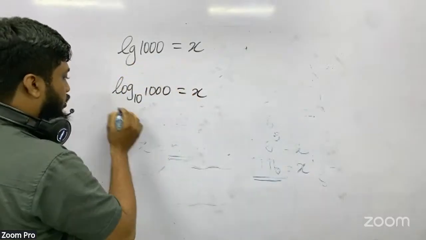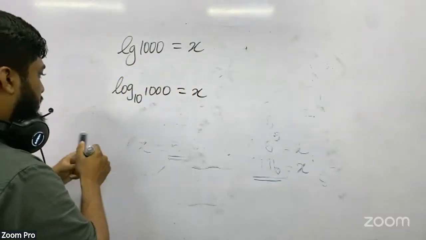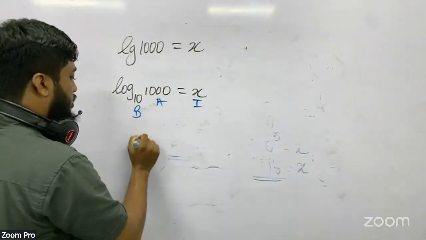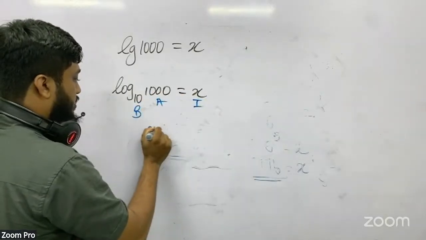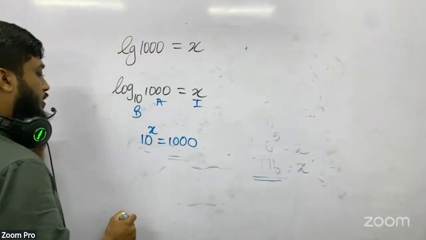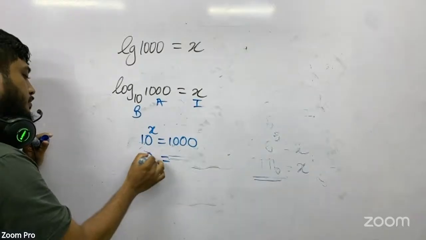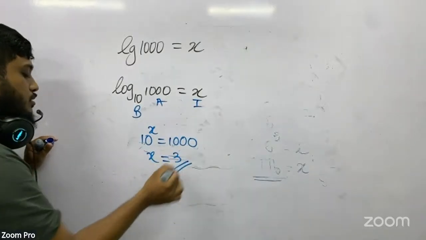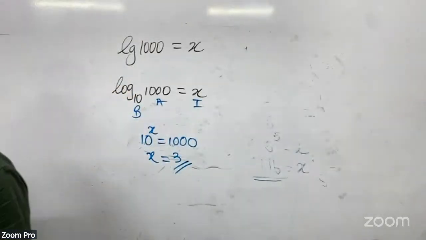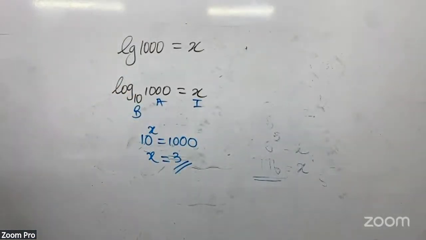LG becomes LOG 10, meaning I can write as by. So base is how much? 10. Index is how much? x. Answer is equal 1000. Then 10 to the which power is 1000? x is equal to 3. Very easy, no? Understood the pattern now, everyone?